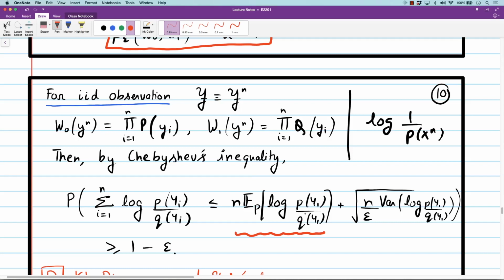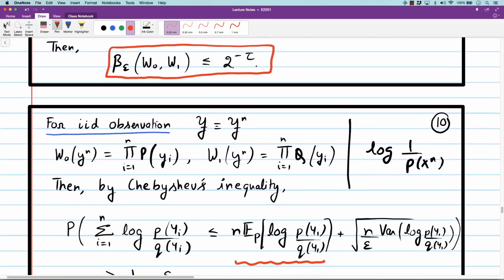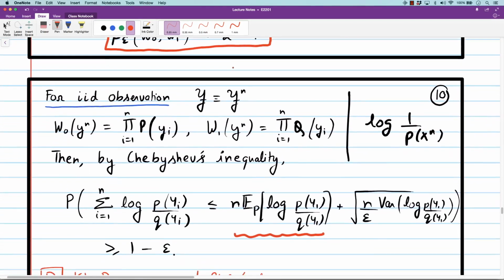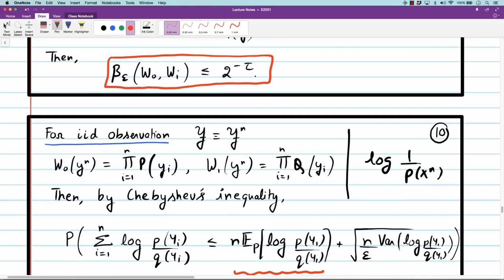Just like we discovered entropy as the expectation of log of 1 by p, now we have the expectation of the log likelihood ratio. By the way, this expectation is under P, and this is very important because we were measuring this probability under W0 and W0 was in the numerator here. So this quantity basically gives you an upper bound on beta epsilon W0 W1, because we have an estimate for this large probability upper bound on the log likelihood ratio.